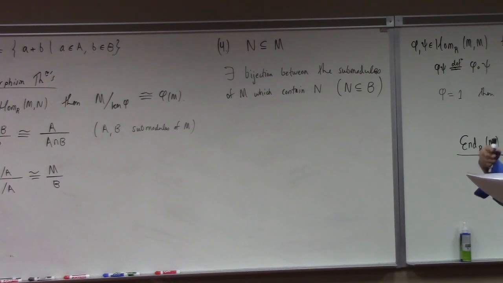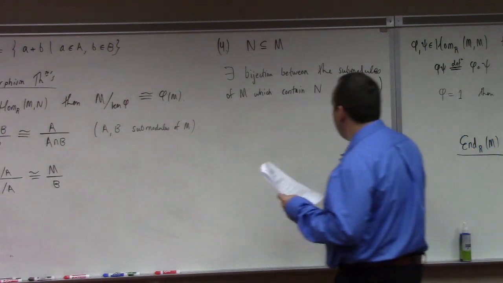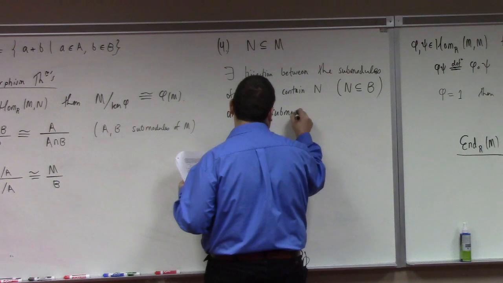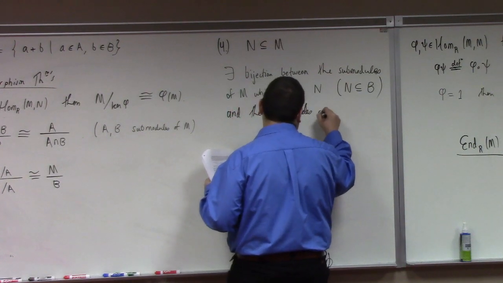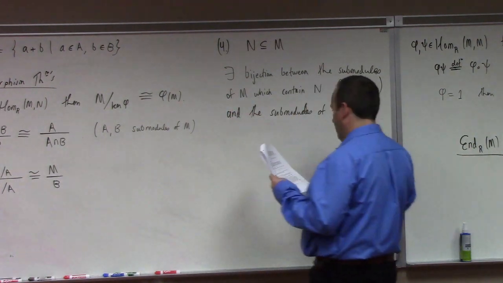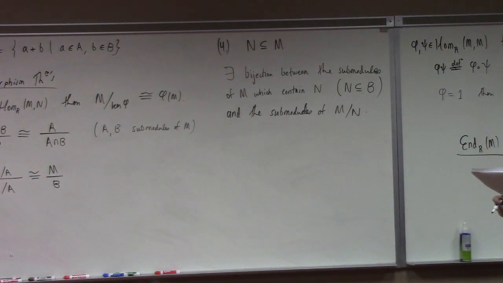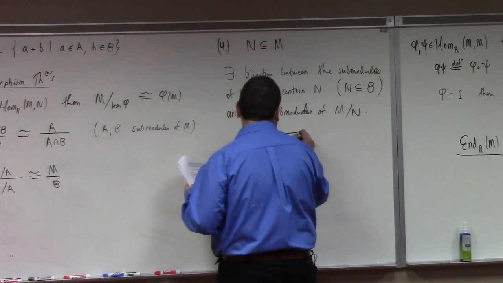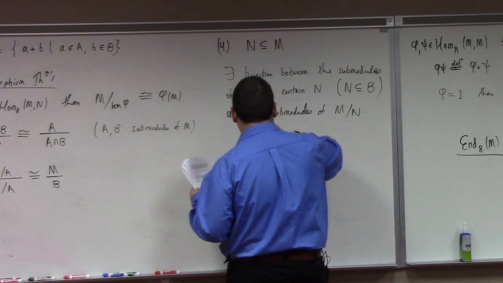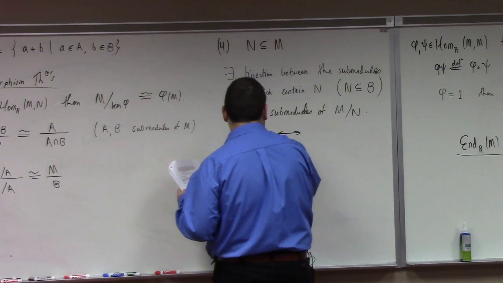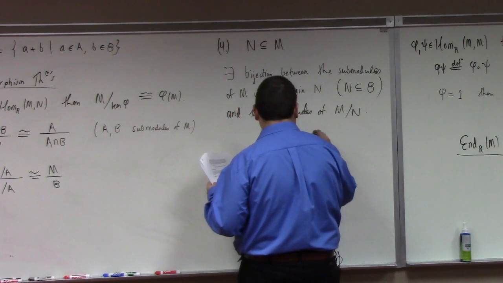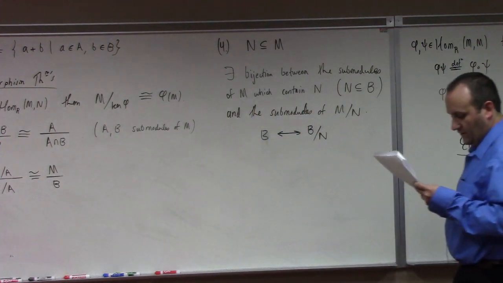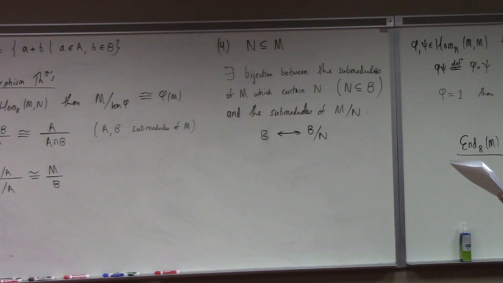And the submodules of M mod N. The correspondence is given by A. I guess I should use B, since I used A already. B goes back and forth to B mod N, for all B which contain N.